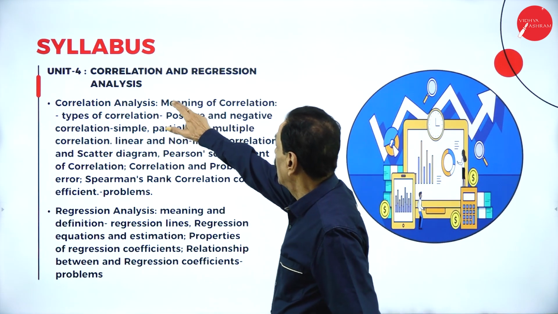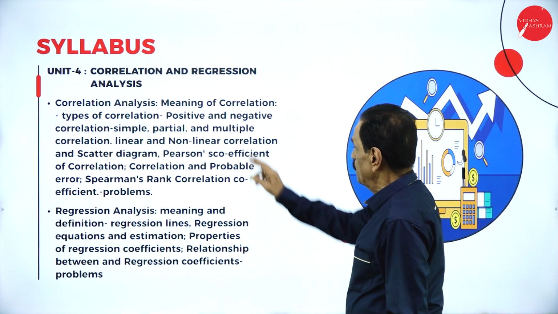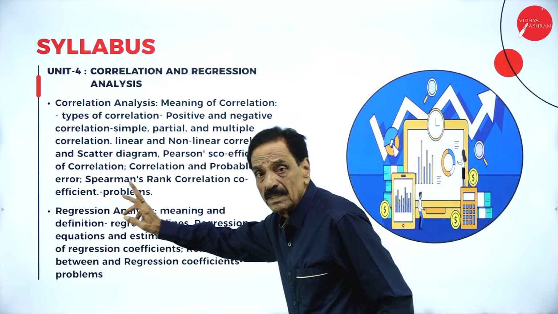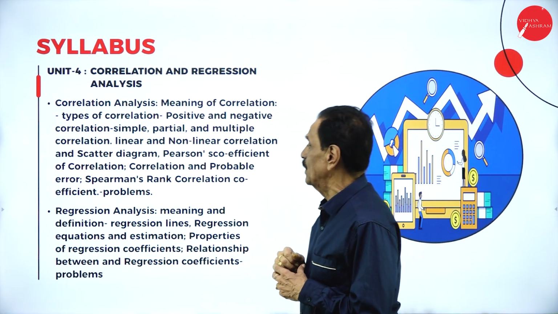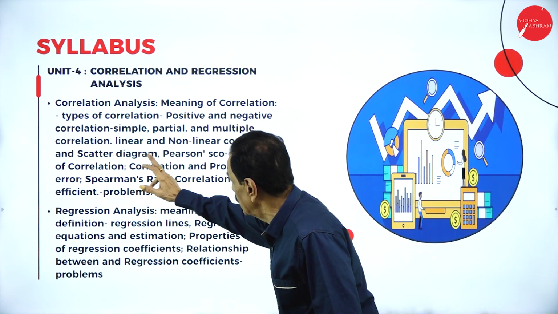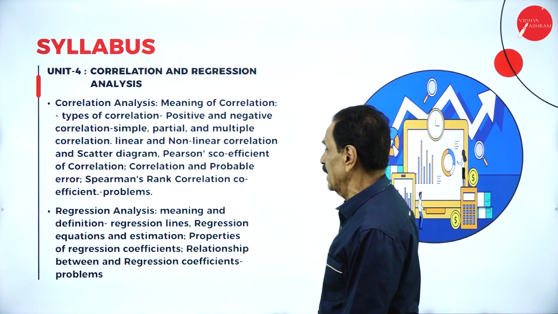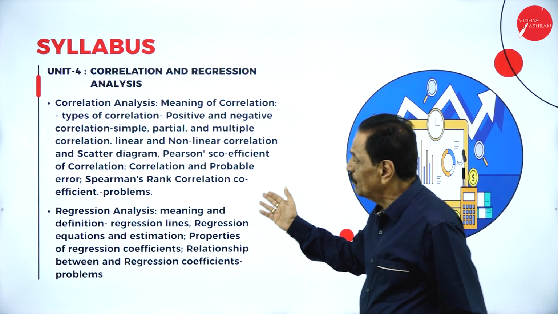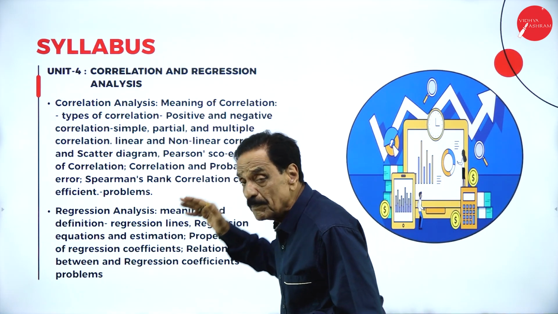Unit 4, correlation and regression analysis. Correlation analysis, meaning of correlation, types of correlation, positive and negative correlation, simple, partial and multiple correlation, linear and non-linear correlation, and scatter diagram, Pearson coefficient of correlation, then correlation and probable error.